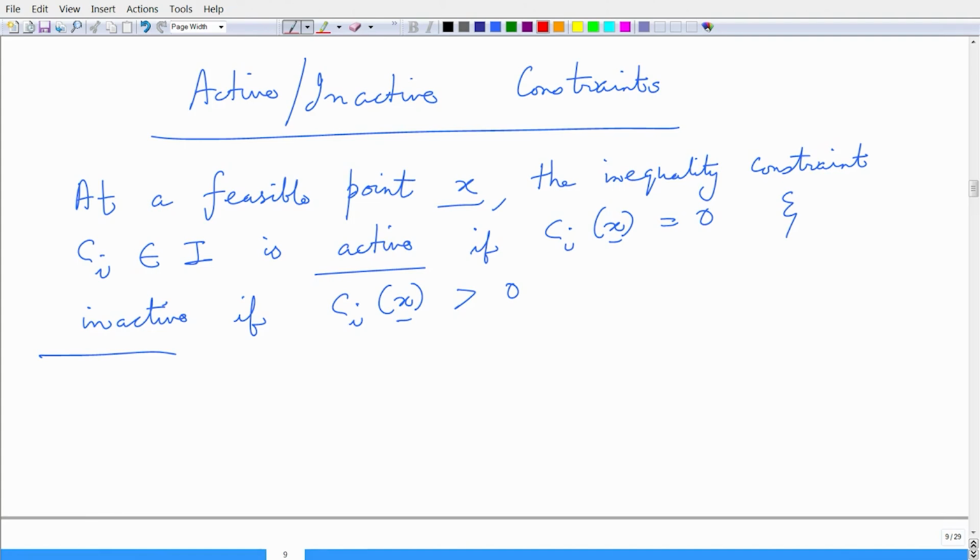For example, to think about this, imagine our constraint is this circle and all points that are lying on the circle or inside the circle. This is my constraint for example.